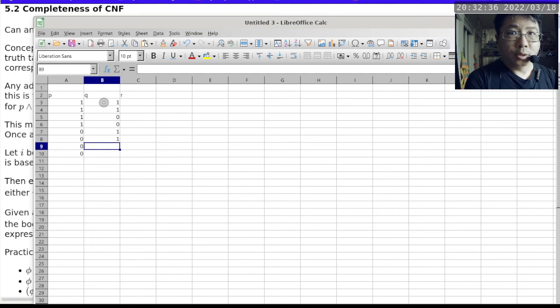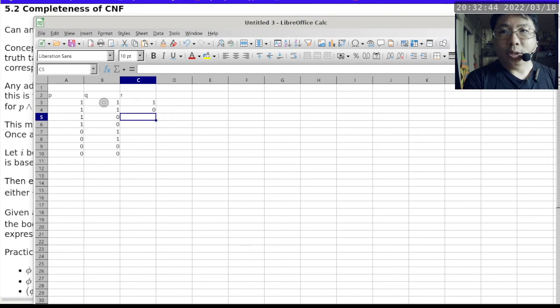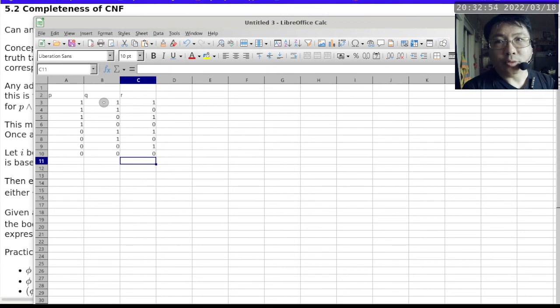Now, when both p and q are true, r can be true or false. When p is true, q is false, r can be true or false. So you can see why there's a very specific pattern to generate the values of p, q, and r.